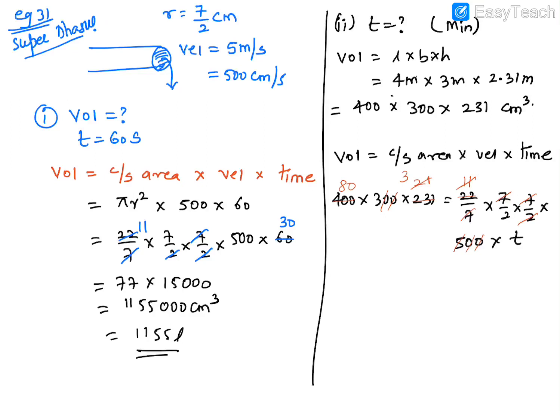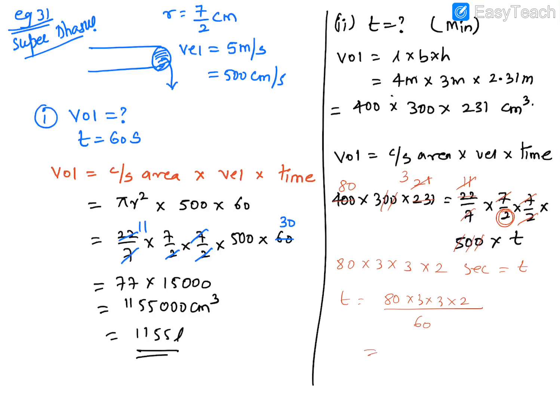Correct. So now what are we left with here? 80 into 3 into 3, and these 2 will also get multiplied, so into 2. Okay, this is your time, but in what units is this? In seconds. We need to convert it into minutes. How? Divide by 60. So you will get 80 into 3 into 3 into 2.